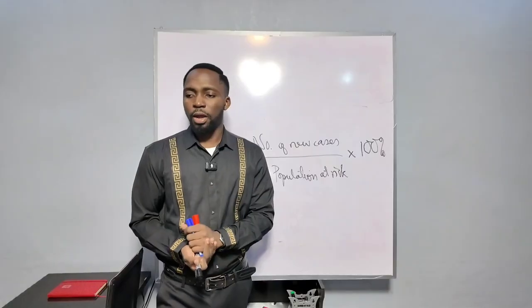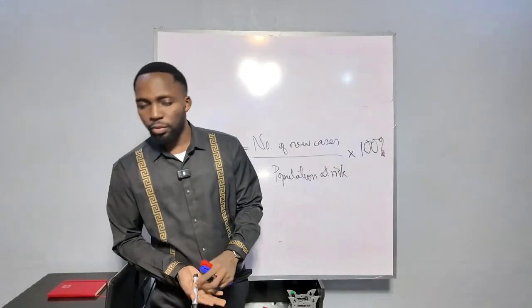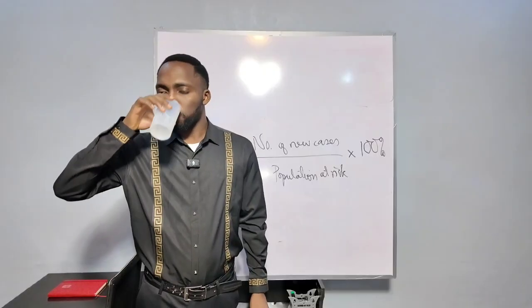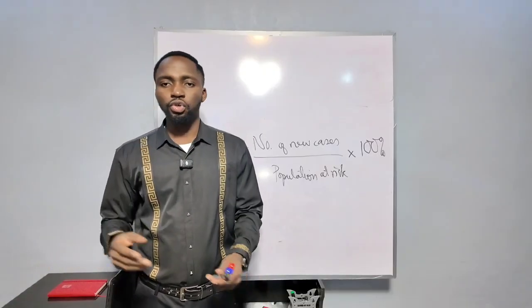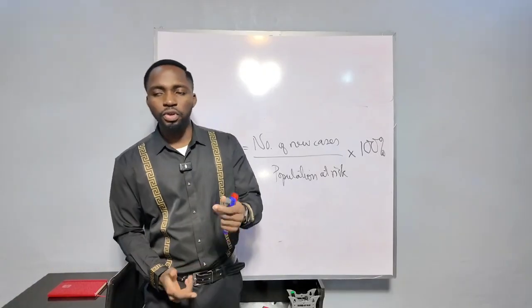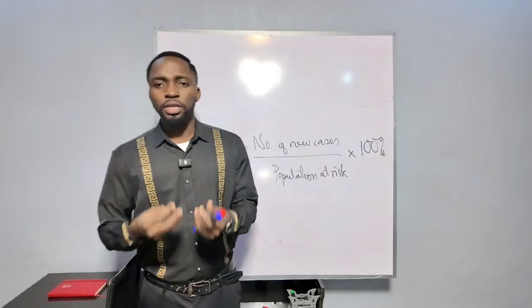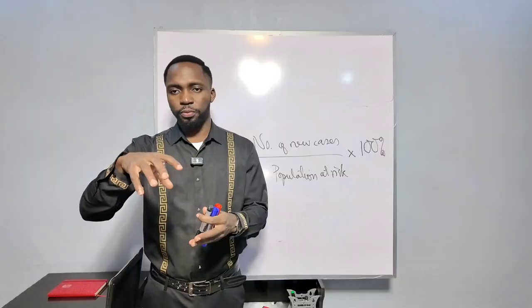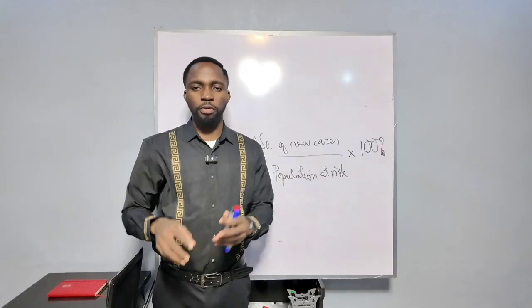Another epidemiological measure is what we call the risk ratio, or the relative risk. And what is relative risk or risk ratio? This compares the risk of disease in an exposed group of people versus an unexposed group of people.